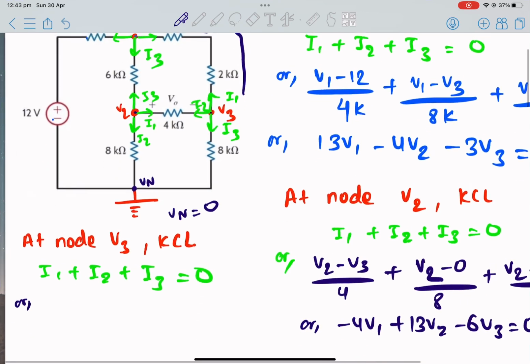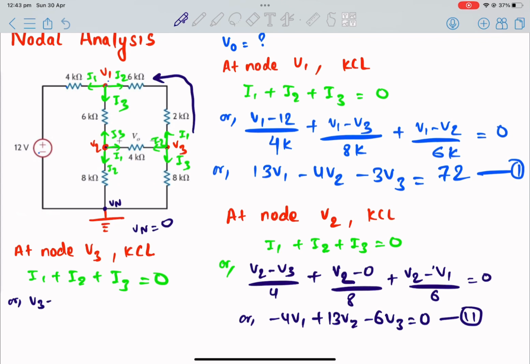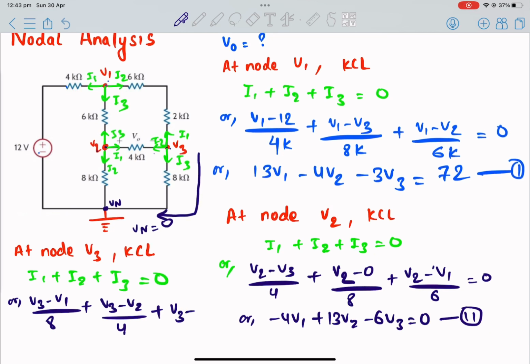That gives us V3 minus V1 over 6 plus 2, which is 8. I2 is current flowing through this direction: V3 minus V2 over 4. And I3 is V3 minus again this ground node, because I3 is current flowing in this direction. So that gives us V3 minus Vn over 8K equals 0.